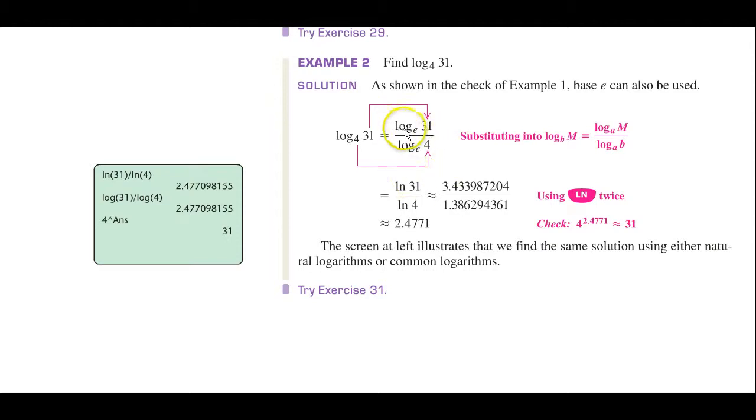Now I did it with logs. You could also use natural logs, that would be the E value, and natural logs of this. And again, practice is what you do to earn or develop mastery. You want to develop your techniques for doing these.